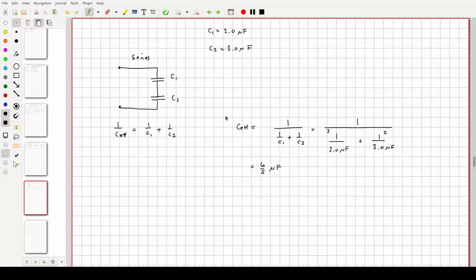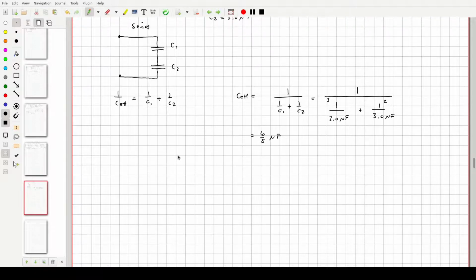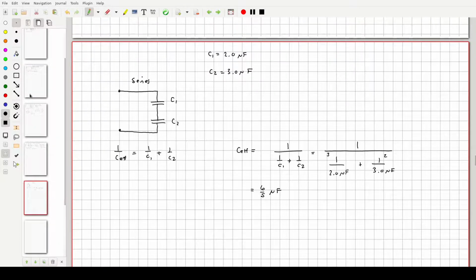Okay. Now, if I were to work the same problem, except now work it in parallel, it's going to look like this.